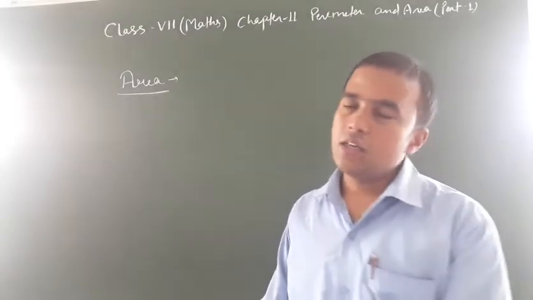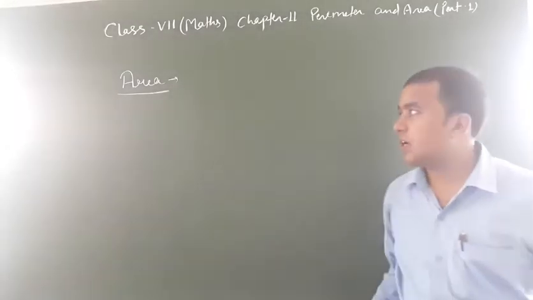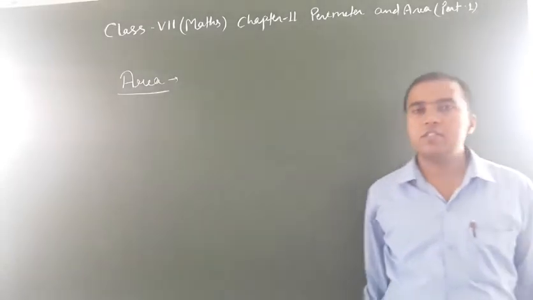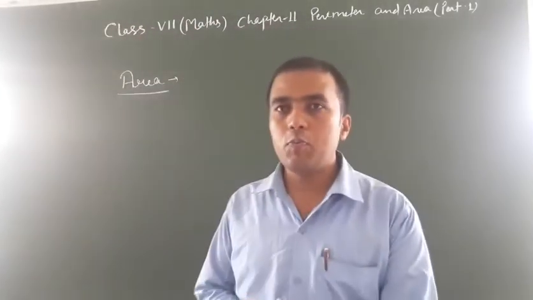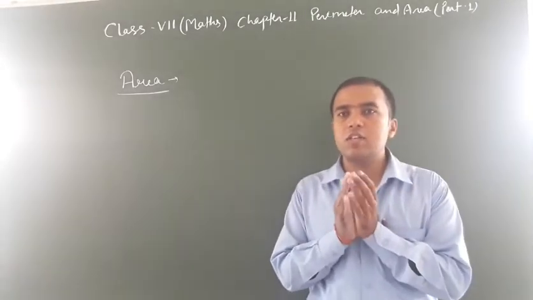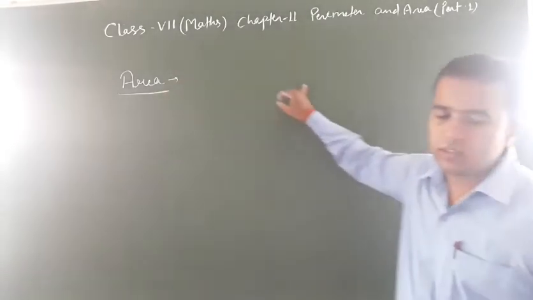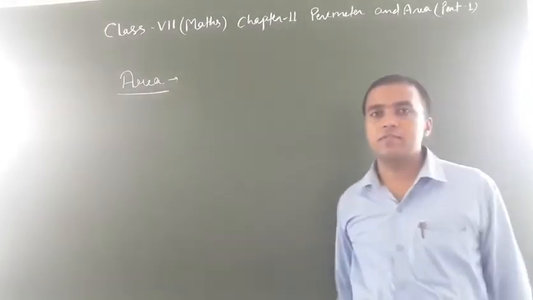Area of a square is side into side. So what will we write for area? Area is the total surface occupied by any closed figure.